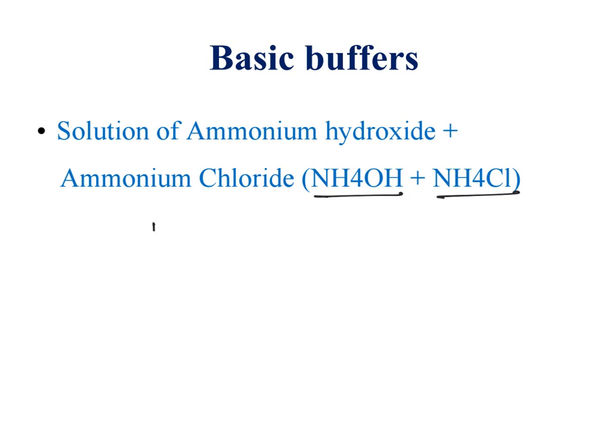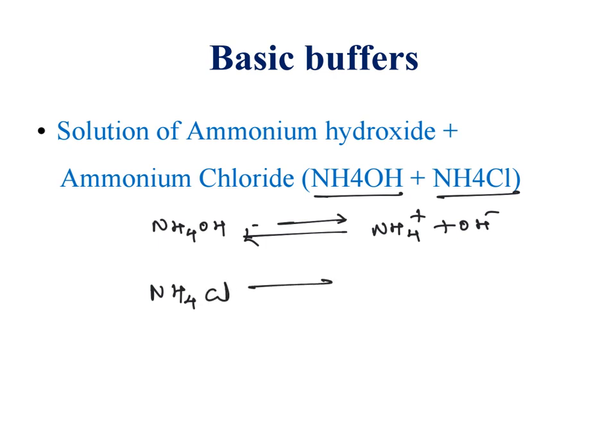And we know that ammonium hydroxide, which is a weak base, dissociates into NH4 plus and OH minus. Similarly, ammonium chloride, a salt of a strong acid and weak base, ionizes completely, converted into NH4 plus and Cl minus.